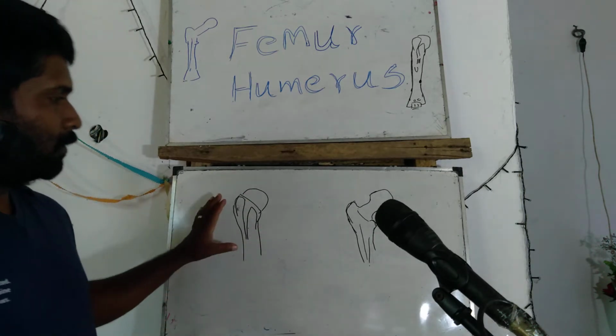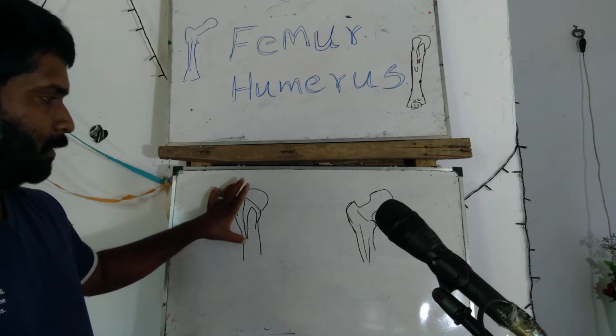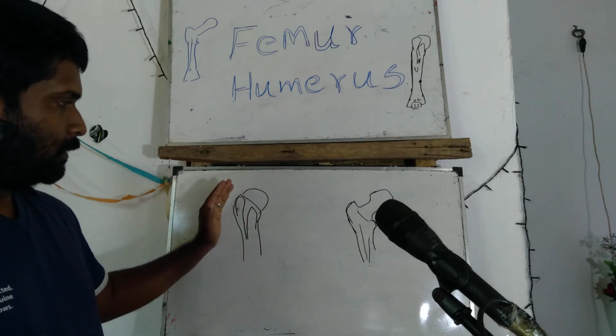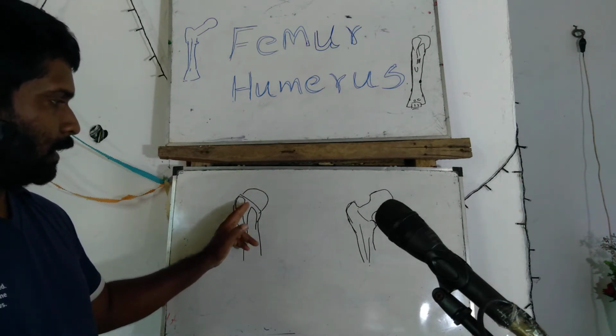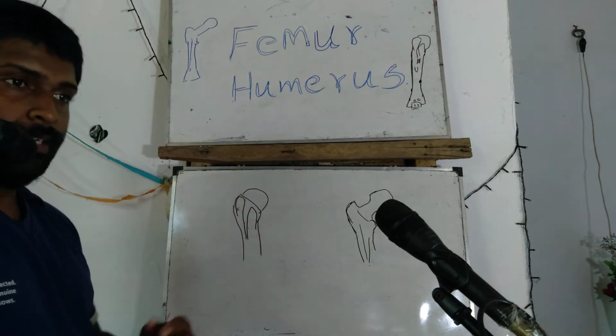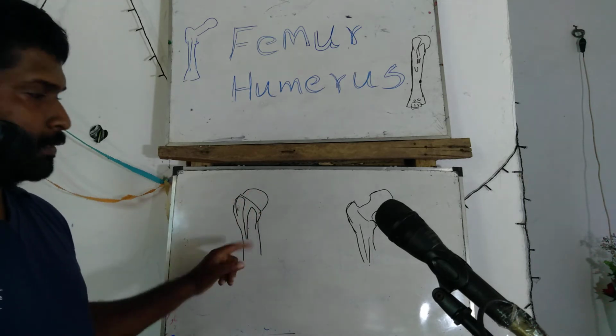Now, first of all, consider the humerus head. There are two prominent areas below the head. This is the humerus head.